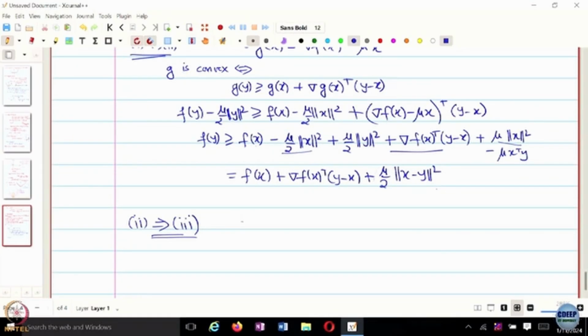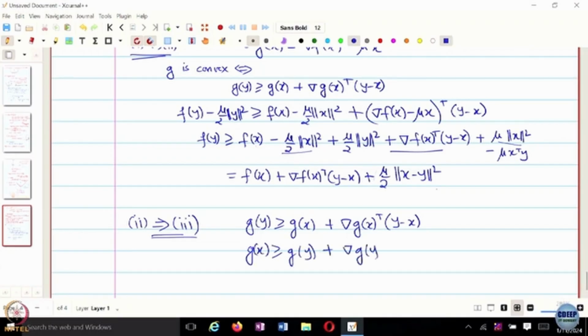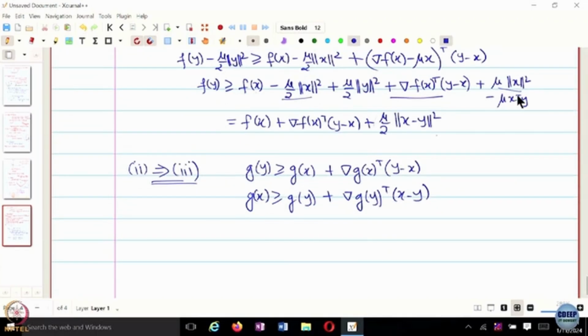So if g is convex, then g of y is greater than or equal to g of x plus gradient g of x transpose y minus x. I can equivalently write this as g of x greater than or equal to g of y plus gradient g of y transpose x minus y, because x and y I can simply interchange.